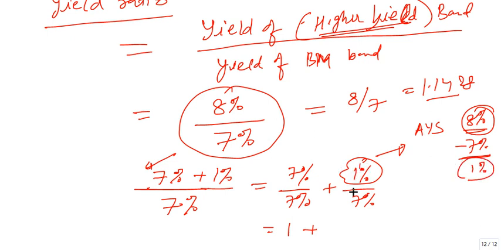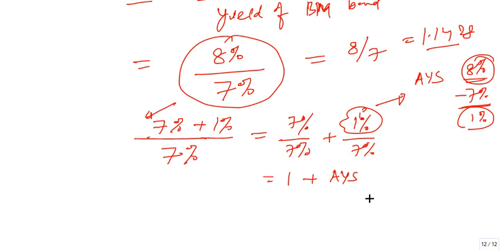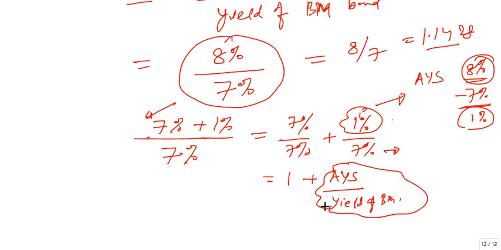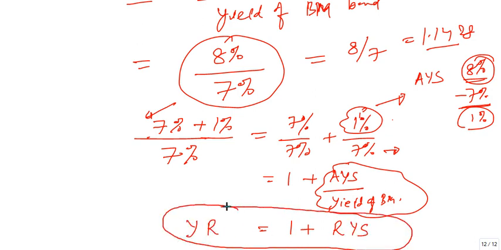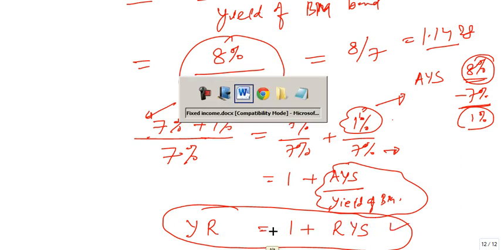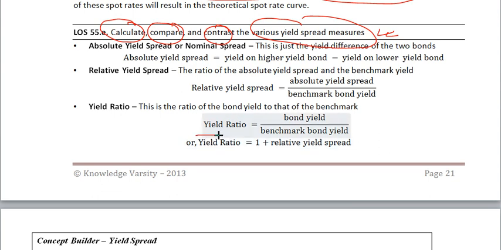So what you have is absolute yield spread divided by 7%, which is nothing but the yield of the benchmark bond. Absolute yield spread divided by yield of benchmark bond is nothing but the relative yield spread. So yield ratio is equal to 1 plus relative yield spread.